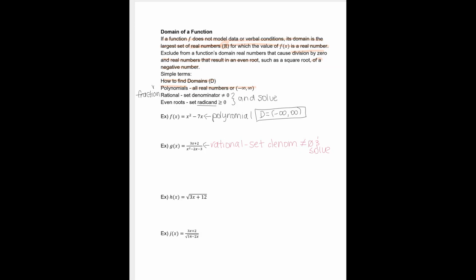Okay, denominator, what's on bottom, right? So we're going to take x squared minus 2x minus 3, set that not equal to 0, and solve. In case you don't know, an equal sign with a line through it means not equal to.